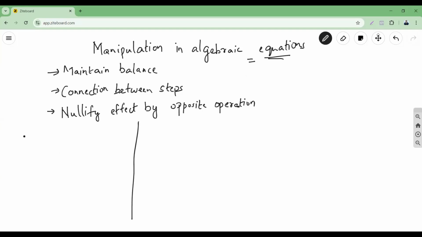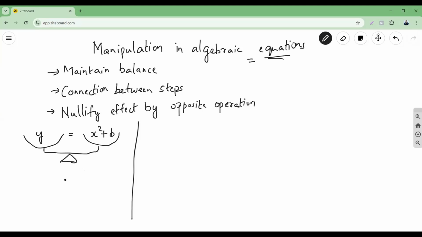Means, for example, you have something on one side of a weighing balance and another thing on the other side. Let's say this is one part of the equation, y, and another part is x square plus b. They are saying equal to. That means the left side of the equal to sign and the right side of the equal to sign are equal. They're balanced. Now, how do we maintain the balance?